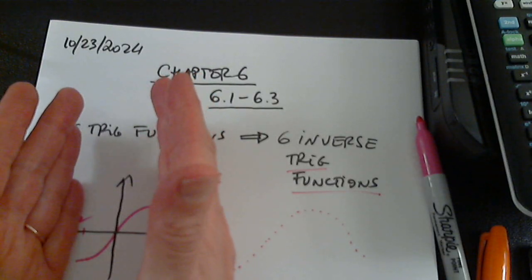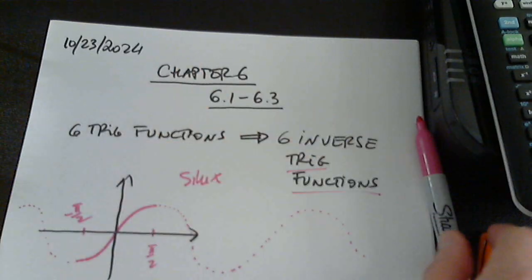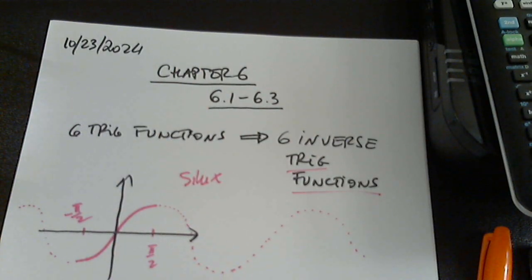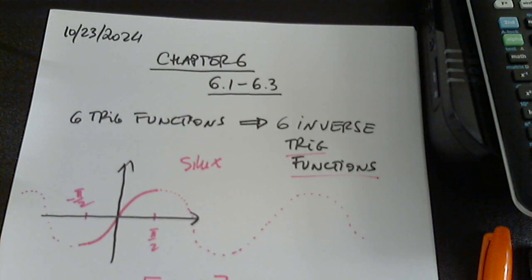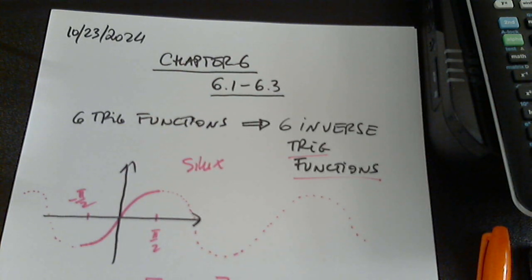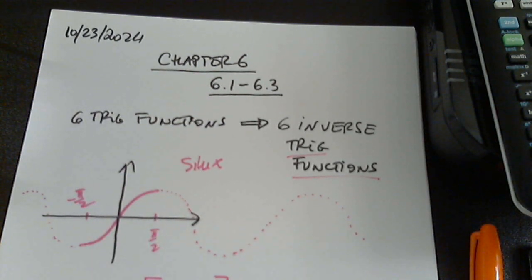But for now, we're going to say the domain of this function, sine, is defined only on negative pi over 2, pi over 2. You'll see what happens with the rest. And taking its values, what is the range of sine? We all know range of sine. Look at the graph and you'll identify the range of sine.